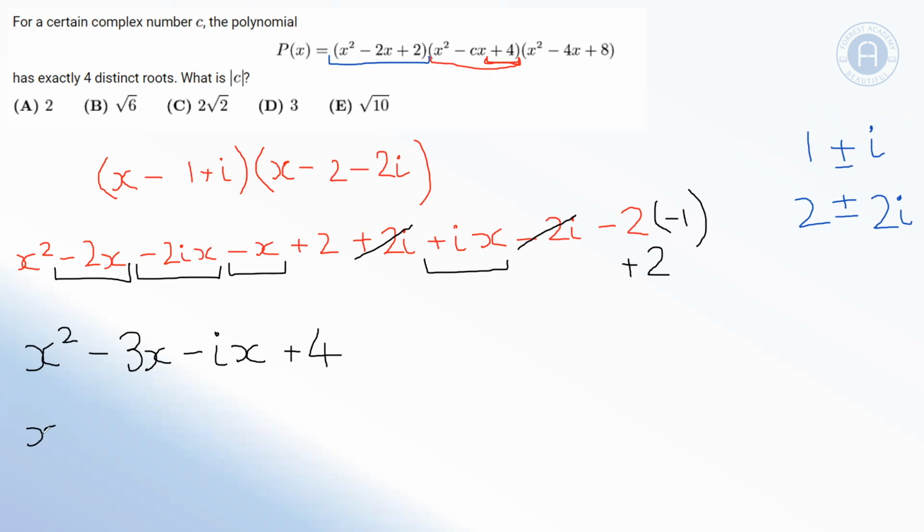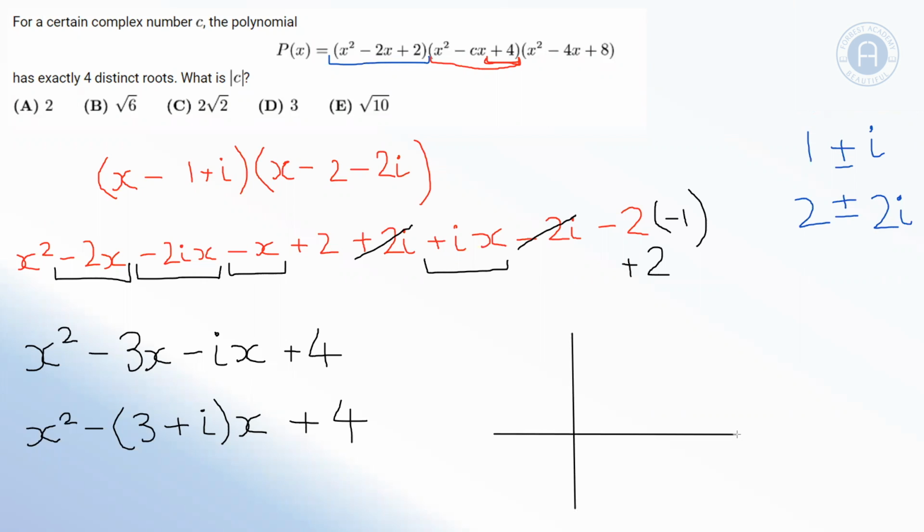Therefore, our value of c must be 3 plus i. Now we're asked for the absolute value of this. For this, we're going to consider our diagram with our real numbers and our imaginary numbers. This complex number has a real part of 3 and an imaginary part of 1.